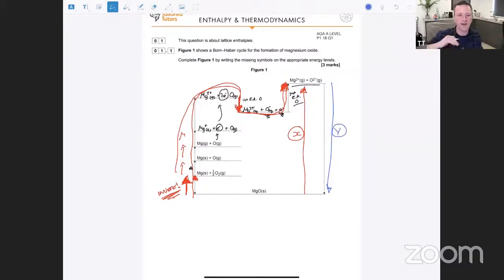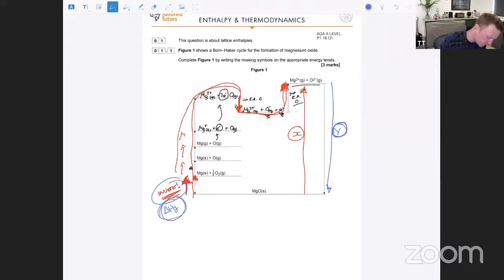So that journey you take on the left-hand side of the Born-Haber cycle equals the single drop you get in terms of your lattice enthalpy on the right-hand side. So all you need to do is invert, and this is always your delta HF. If you invert your delta HF, all of that equals that.